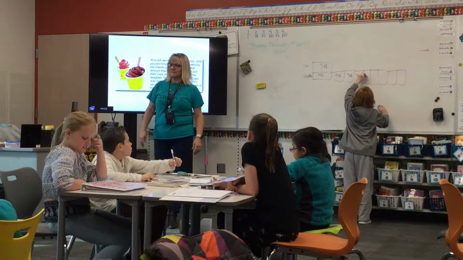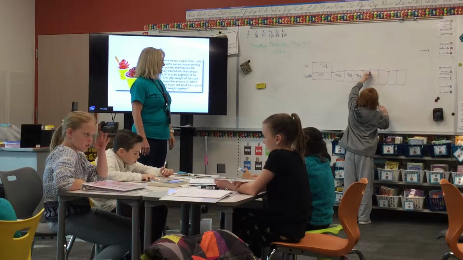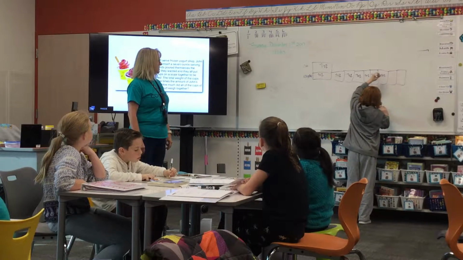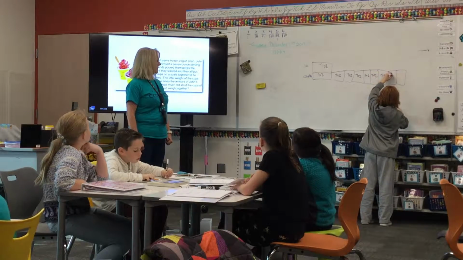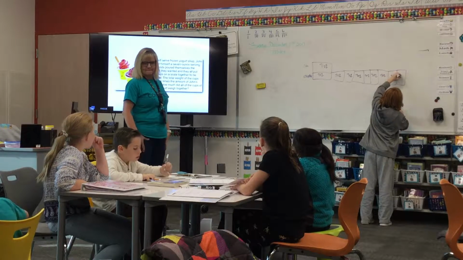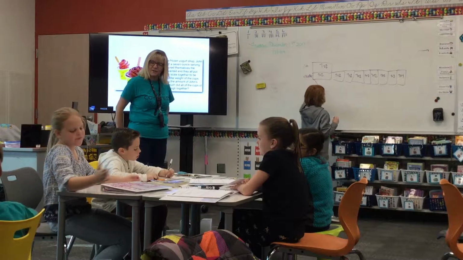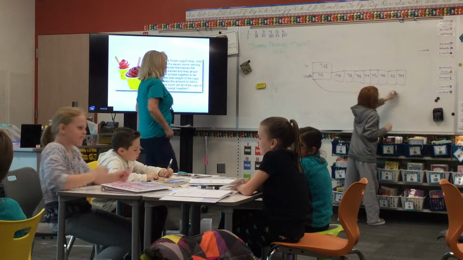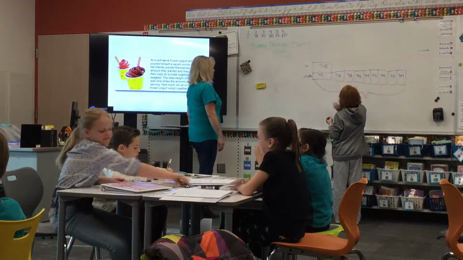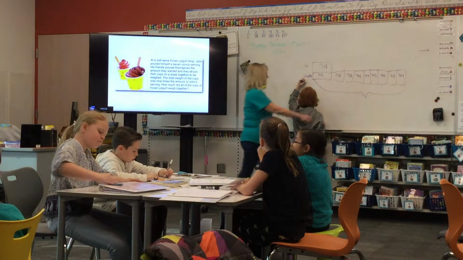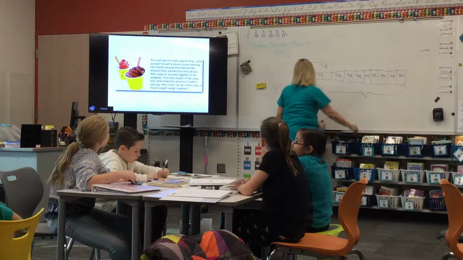I did it a different way. Let Tyson finish and then you can show us your way. You did great. Yeah, you did the same way. And then Tyson, what's our equation then? So this is where our question mark is, right?